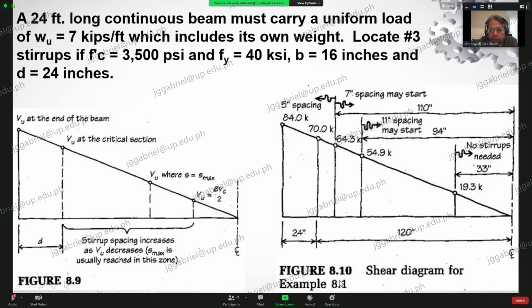Now, let's draw the shear diagram. This is a simply supported or continuous beam.